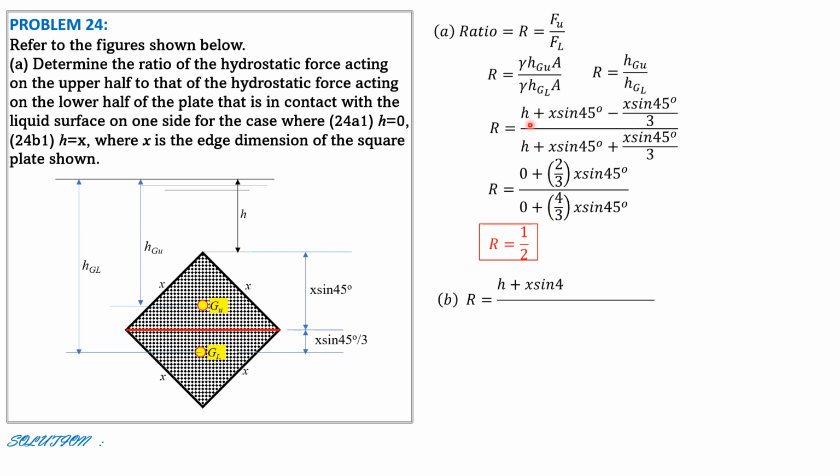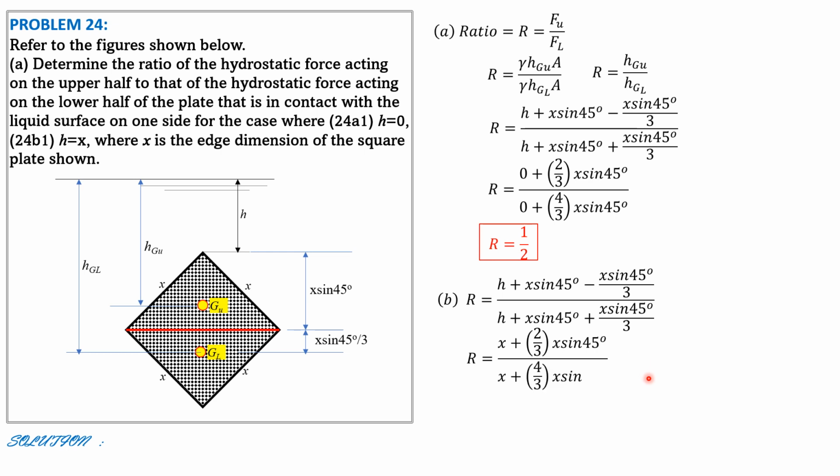Then H is X this time, so over X plus X sine 45 plus X sine 45 degrees over 3. So substitute, R is X plus 2/3 of X sine 45 degrees over X plus 4/3 of X sine 45. So cancel out X, then compute the ratio using the calculator. R is 0.7574.